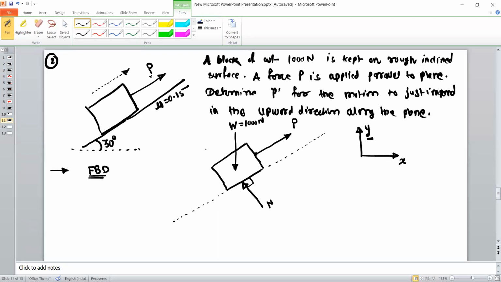And as the block is moving in the upward direction, this is the impending motion. So the frictional force will be in the opposite direction, that is in the downward direction. So this is the frictional force. This is the limiting frictional force, that is nothing but F max, which is equal to mu s into normal reaction. So mu is given, that is equal to 0.15, into normal reaction N.